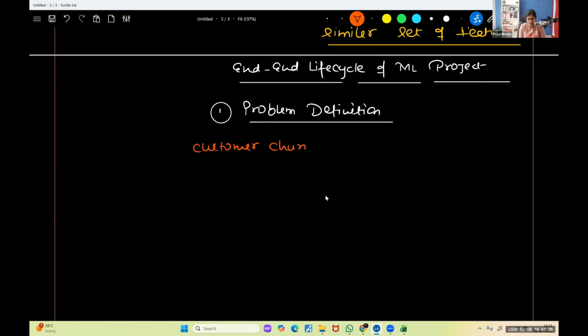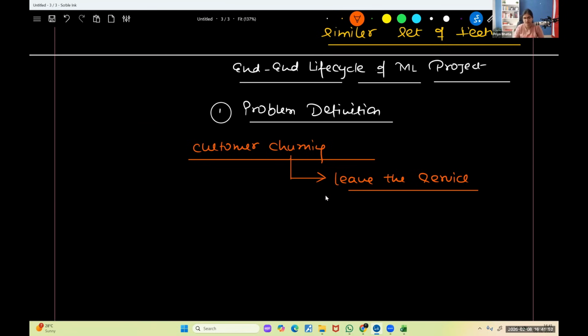I hope everybody knows the meaning of churning. Churning means the customers who leave the service from a company due to any reason. So what I want is for my customers to churn at a very low rate, or not churn at all.